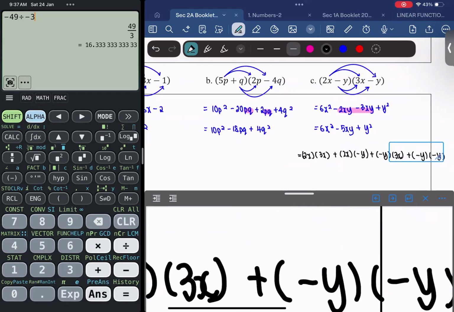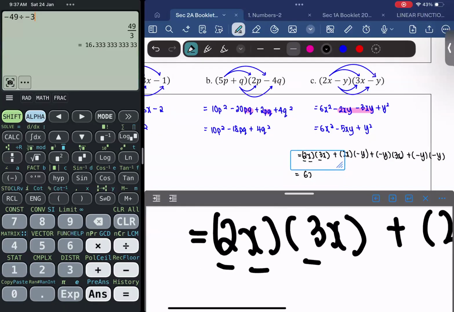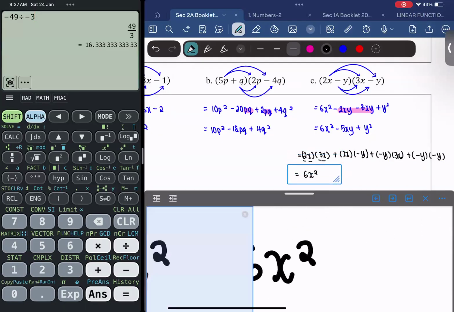Okay? So this will help you to not be careless and also not be confused. This one you can also be prone to careless mistakes. So then you just group them up. Numbers and numbers, 2 times 3, 6. X, how many x? X squared.